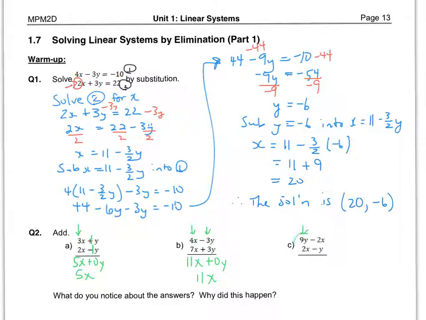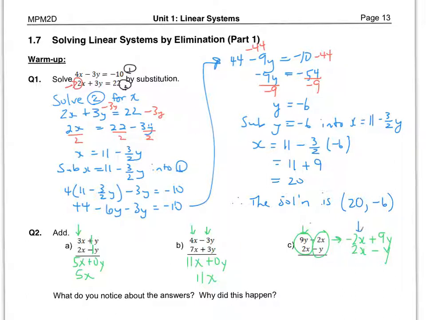Part C, I have 9y over the 2x. I can't put those together because they're not like terms. Similarly over here, I can't add these together, the 2x and the minus y, because they're not like terms. So what I'm going to do is rewrite that top one. I'm going to move that minus 2x to be first, and then I have a positive 9y, so I'm going to put plus 9y. And then I'm going to recopy the second one, and now I've got the x's lining up and I've got my y's lining up.